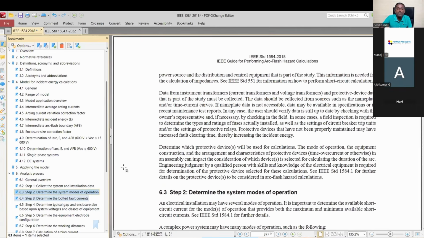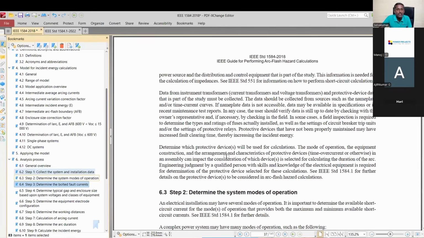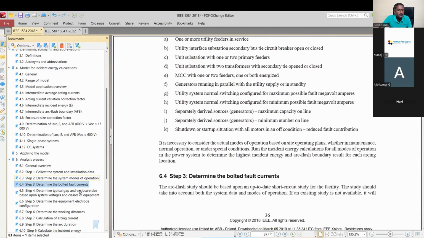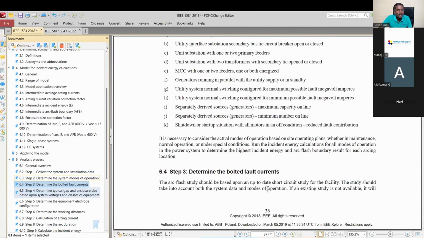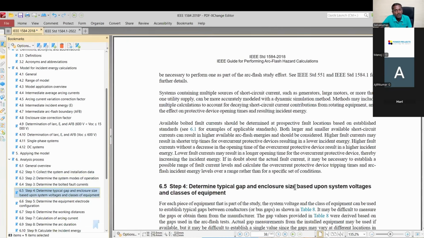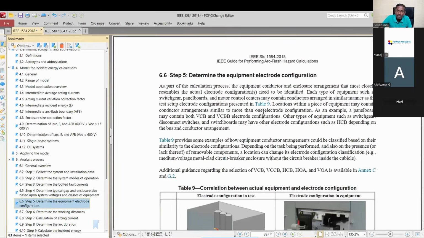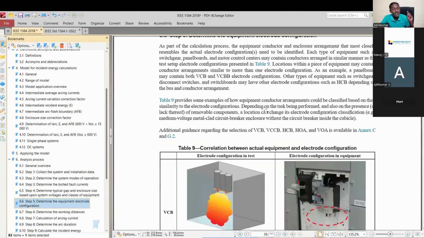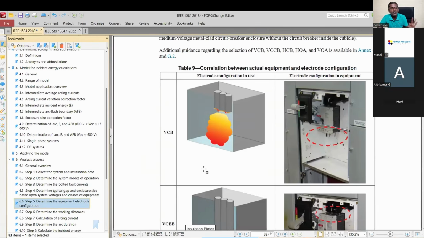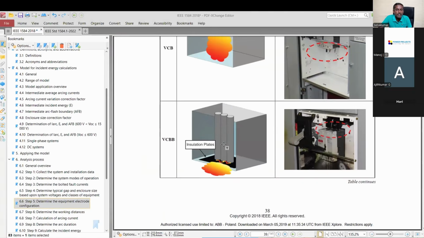Then third, perform a short circuit study to find out the bolted fault current. Fourth, determine the typical gap and the enclosure size. Then determine the electrode configuration. This is where we have discussed that there are five different configurations: VCB, VCBB, the vertical conductor with a barrier.